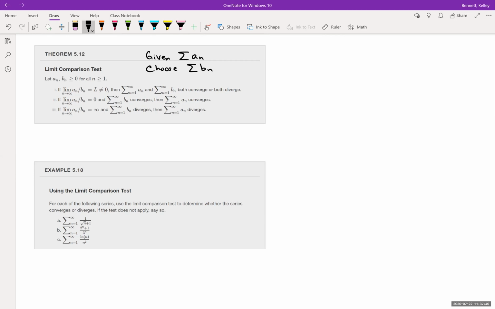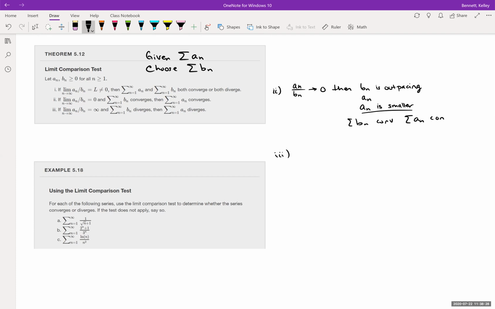2 and 3 are interesting. So for 2, if a_n over b_n goes to 0, then b_n is outpacing a_n, right? So you could think of that as a_n is smaller. So then if b_n converges and a_n is smaller than it, then a_n has to converge too.